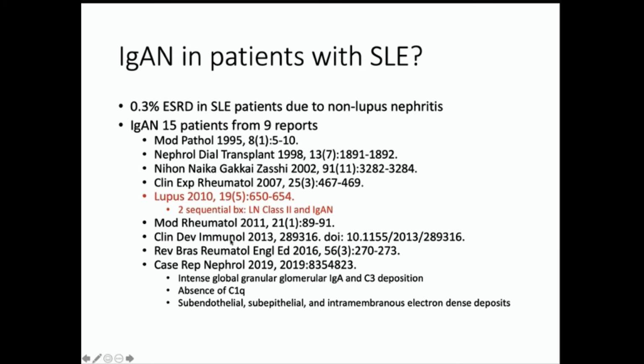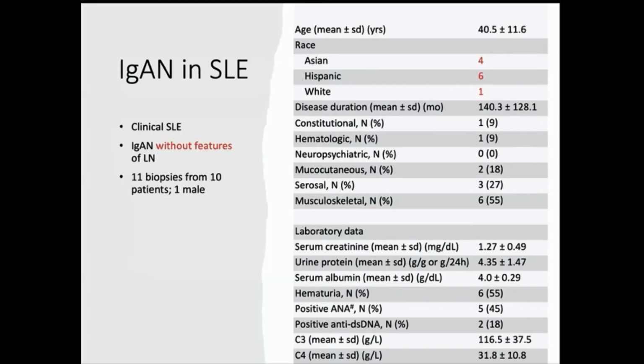So anyhow, these published case reports provide evidence that IgA nephropathy can be seen in patients with lupus as a sole lesion. So we collected a total of 11 biopsies called IgA nephropathy in patients with lupus symptoms.